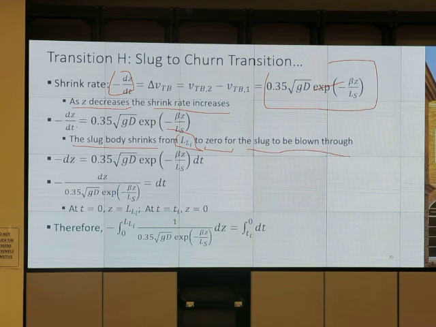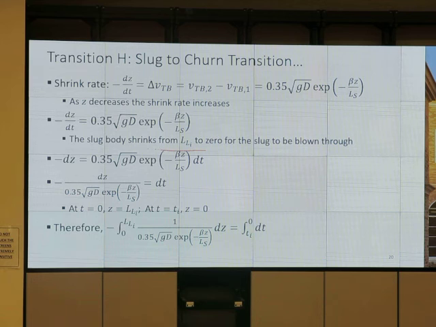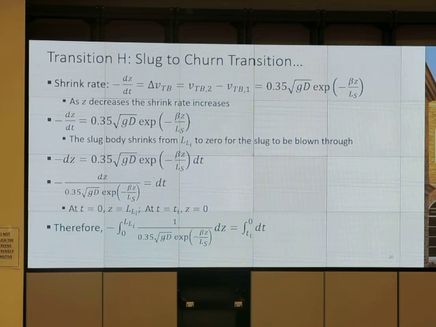We will move dt to this side. Right now we get this equation. I separate the variables before I do integration. I put this whole thing on the denominator because this is a function of z, right? And put the integration limit. At time equal to 0, the distance between two bubbles is L sub i.